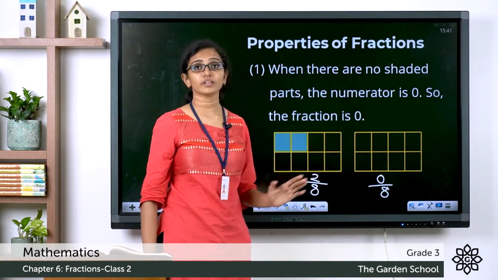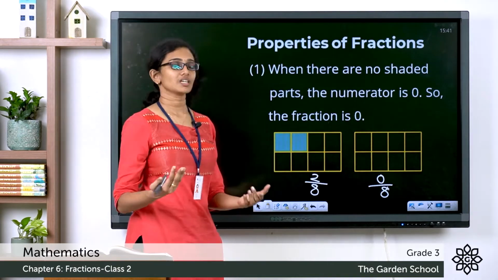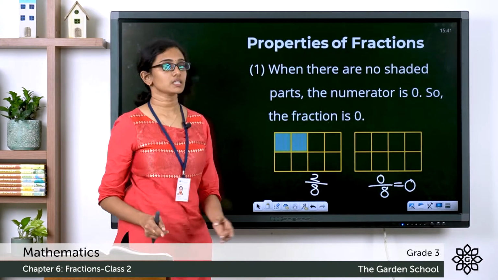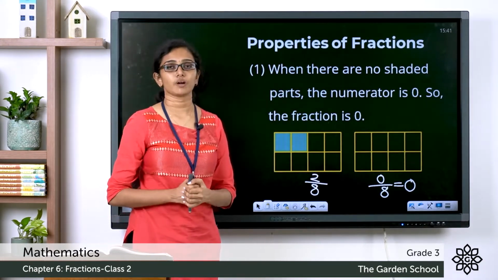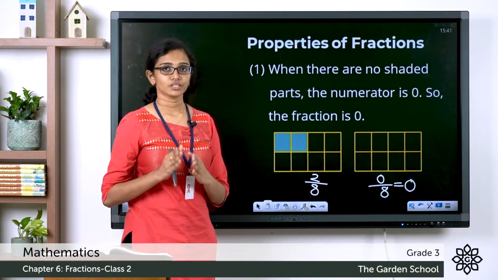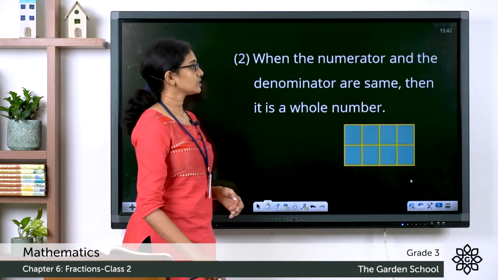Why? Because we don't have any shaded part. 0 divided by any number is equal to 0 itself. So this fraction is equal to 0. That is what is described in this property. So when there are no shaded parts, the numerator is 0, so the fraction is 0. Clear? Now the next one.